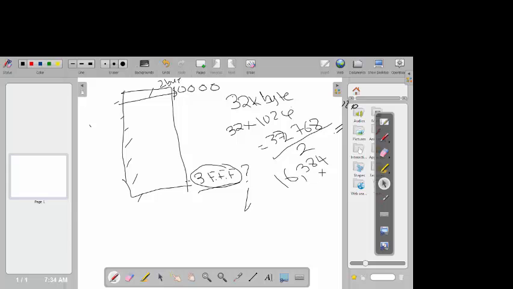Now if there are 16,384 of these 2-byte packages, the first one starts from 0. But if we start from 0 and there are 16,384, then the last one should be 16,383. This is the decimal equivalent.